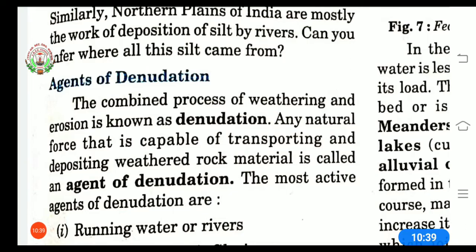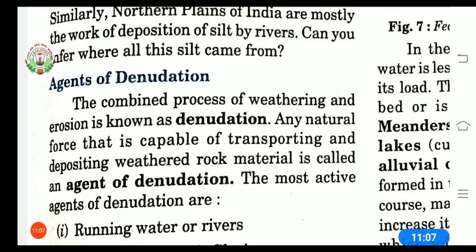There are many natural forces on the earth's surface: running water or rivers, winds, and waves. All these forces are able to transport raw material from one place to another, and after transporting they are able to deposit it at one place.